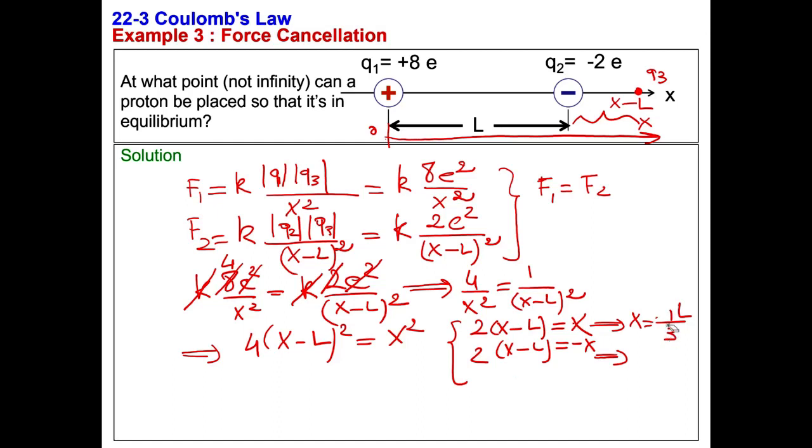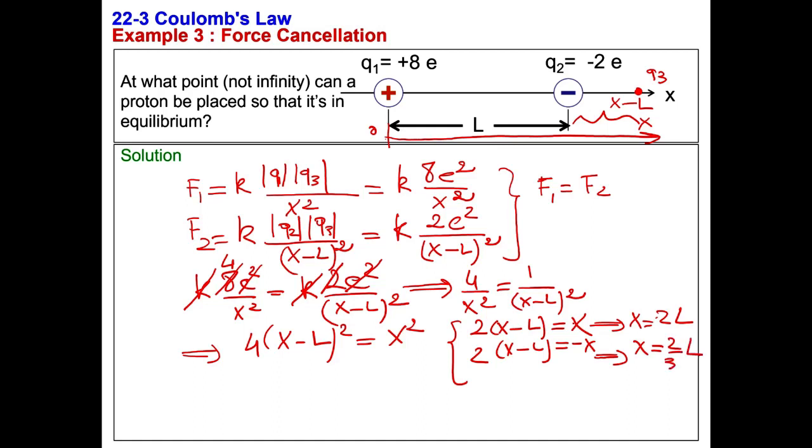So this becomes 2x minus x. That's x. X is equal to L here. And here 2x plus x, that's 3x, and 3x is equal to L, so x is 2/3 of L.